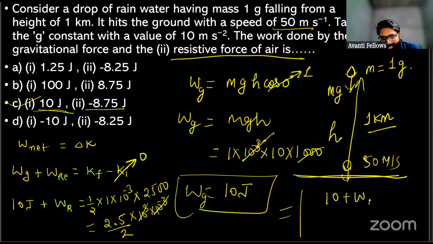So 10 plus work done by resistive force is equals to 1.25 divided by 2, 1.25. So work done by resistive force is what? It will become, when you take this 10 at this side, it will become minus 10 plus 1.25, which is minus 8.75. So correct option is option C.